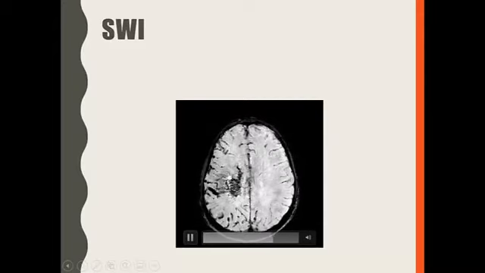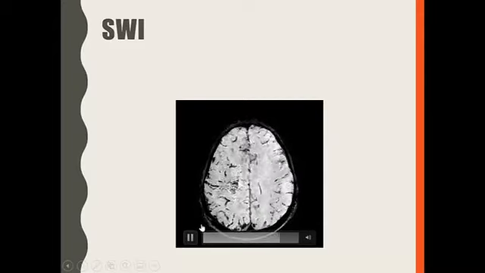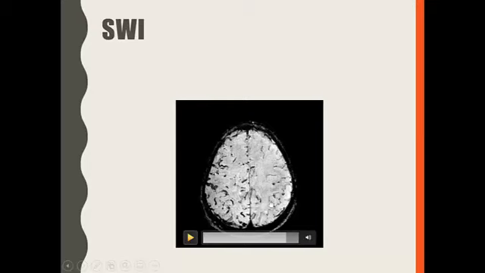And this is the nidus, and this is the dilated vessel. So this AVM has dual venous drainage to the superficial and the deep system. Note the engorged cortical vein as compared to the other side.